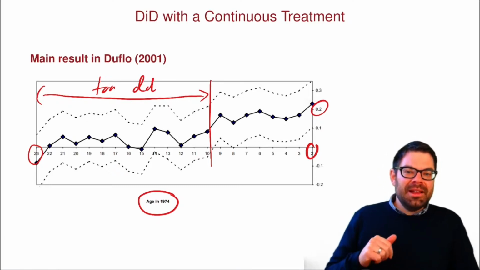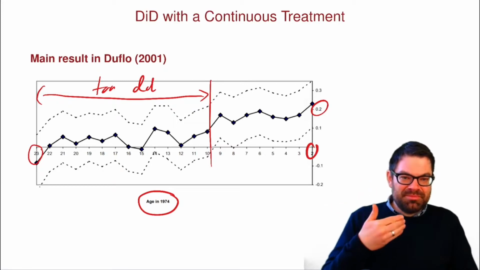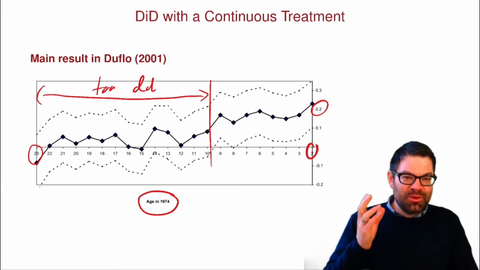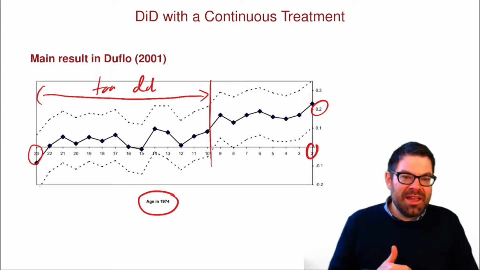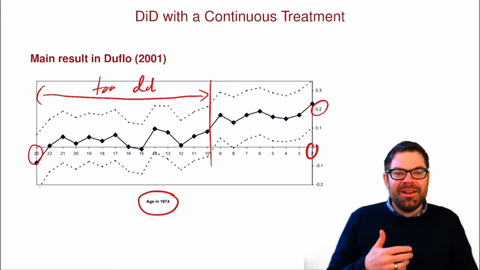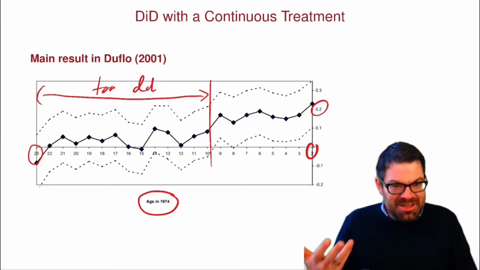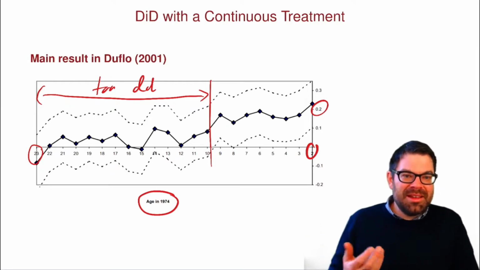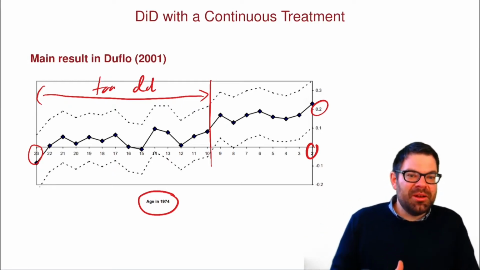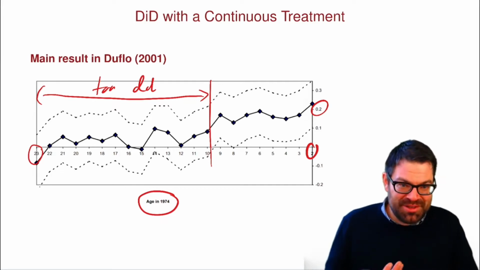And in that sense, the effects for those cohorts before the program actually happened, or that were too old, are almost like a placebo test, right? So if we saw differences there as well, that would indicate that there's probably something else going on, that there is something driving differences in schooling that is not explained by the school construction program, but is correlated with it.